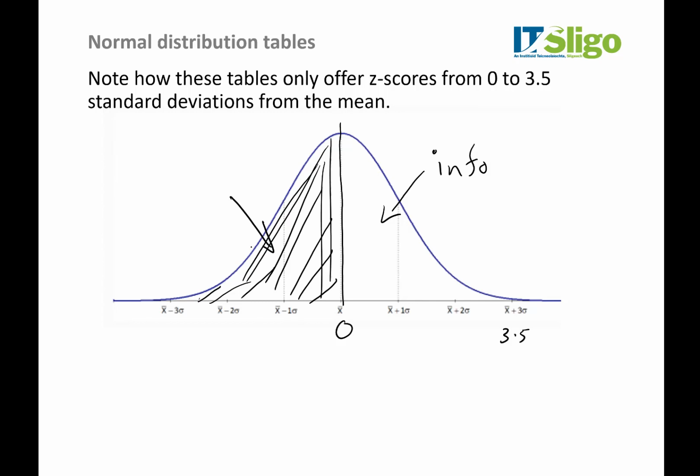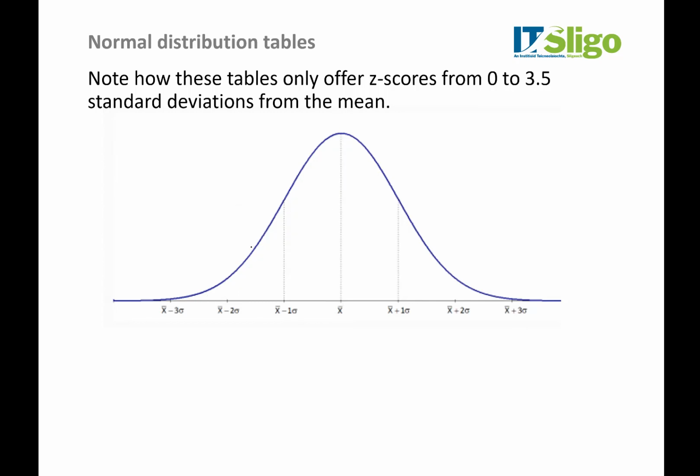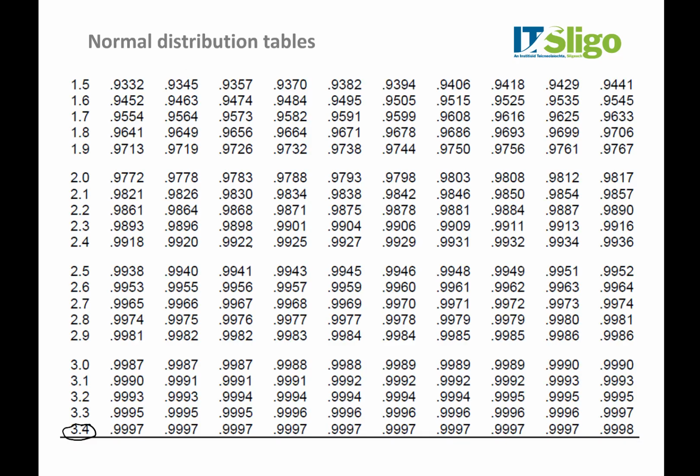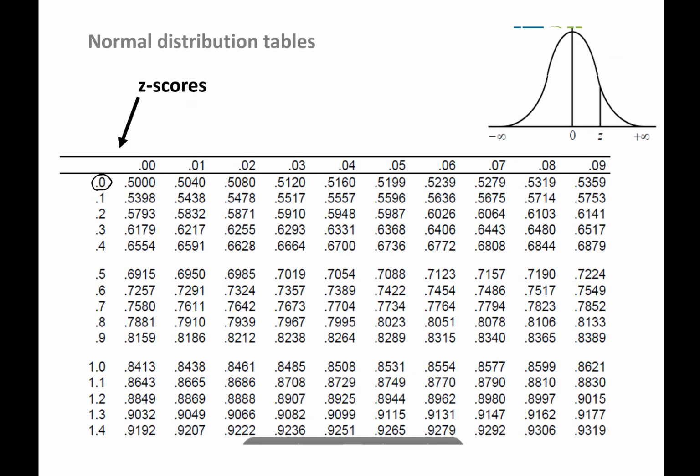If we have a negative z-score, what happens? We'll take a look. Now, there are other tables that give you the whole lot, but they're twice as long for obvious reasons, and they have pretty much the exact same figures in them. But these tables only give us positive z-scores between 0 and 3.5.